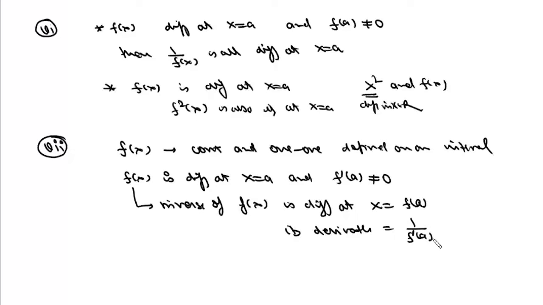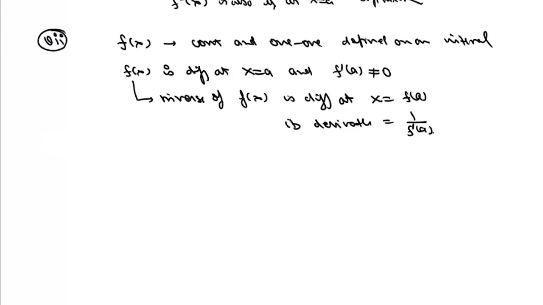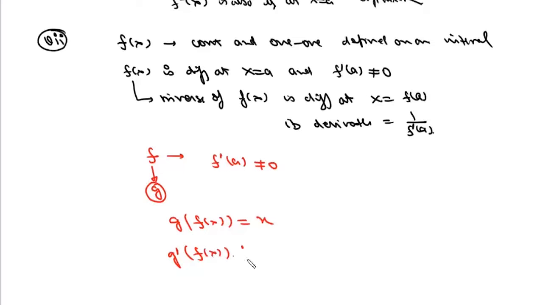f dash a. If we look at it intuitively, suppose we have a function f(x) which is differentiable at a and f dash a is unequal to 0 and g is the inverse function of f, then we can write g(f(x)) as x, and if we differentiate this, we can write g dash f(x) into f dash x will be equal to 1.